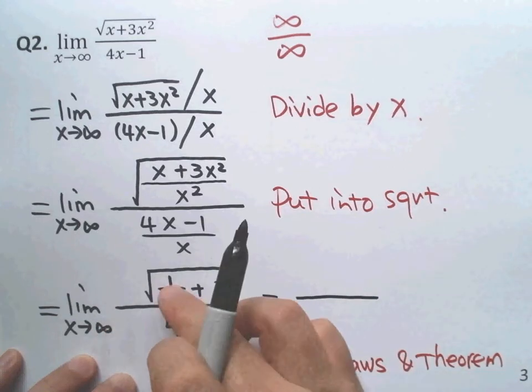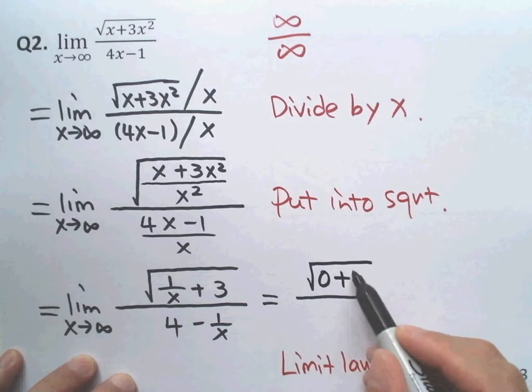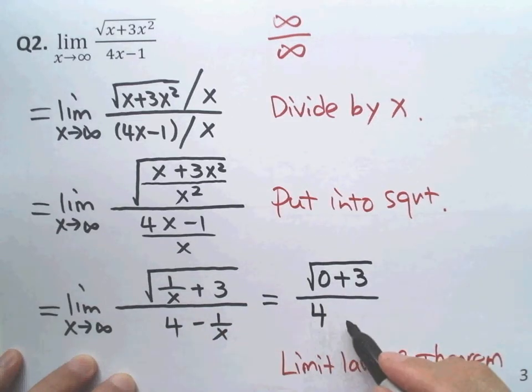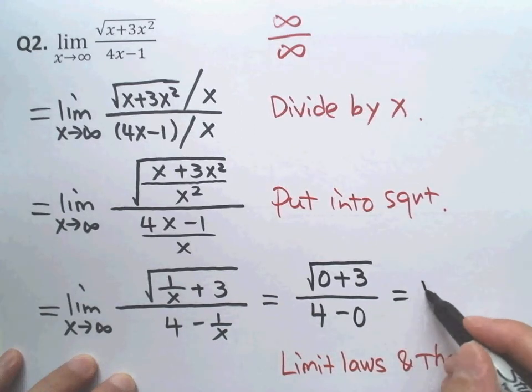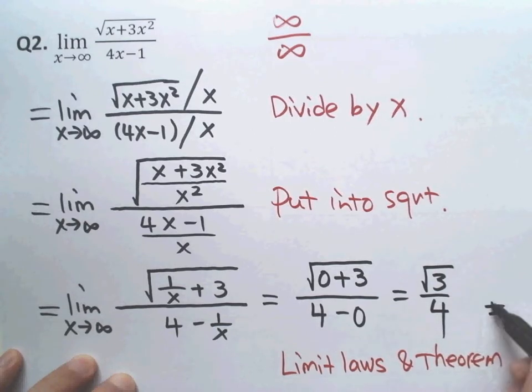The limit goes inside: square root of 0 plus 3, over 4 minus 0. Doing the calculations, you get the square root of 3 over 4.